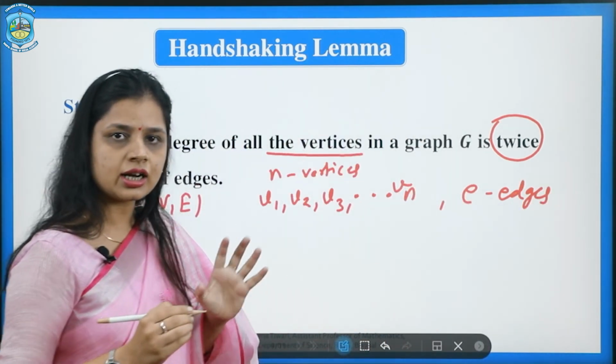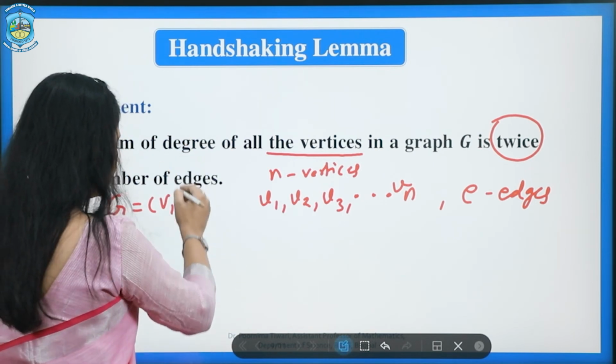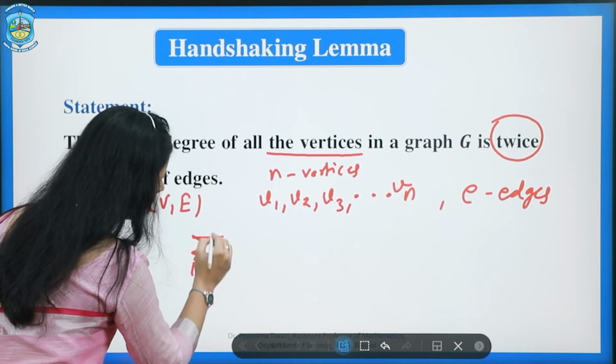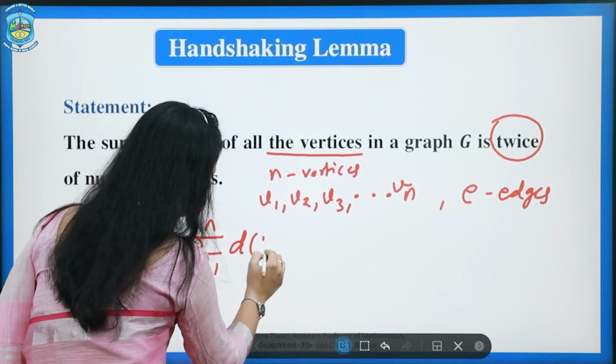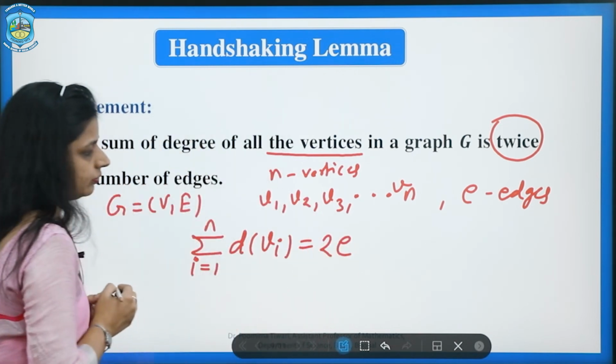So, we consider a graph with n vertices and E edges. Then this lemma says the summation, i varies from 1 to n, of d(Vi) is equal to twice E.